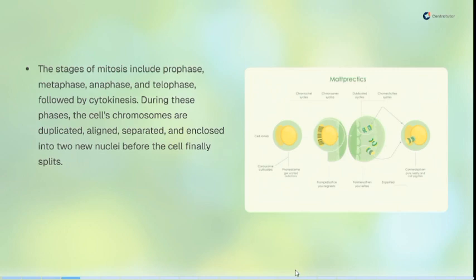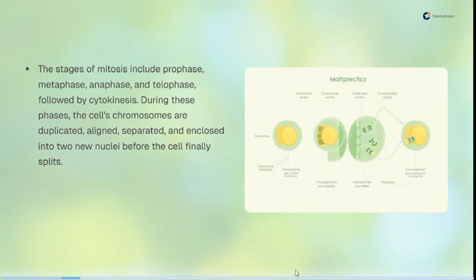It will bring all the 1s together, 2s together, 3s together, and then separate them, making them stay apart. One will stand at one end, the other at the other end. After it separates them, it will then enclose them into two new nuclei. It creates a kind of covering that gives each of them a separate nucleus.